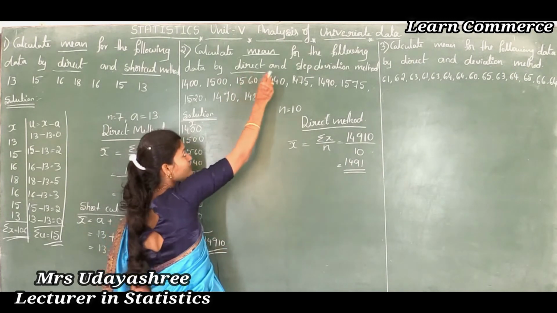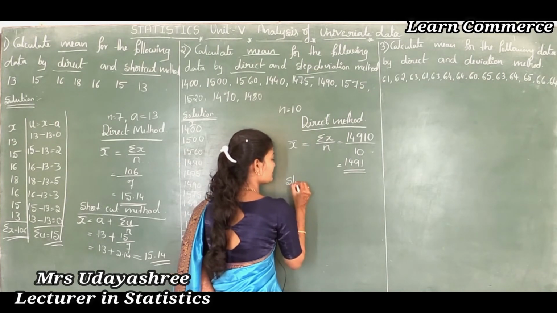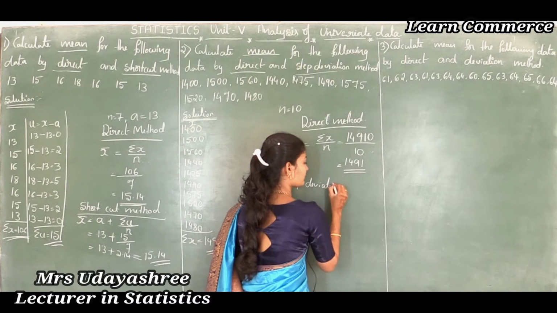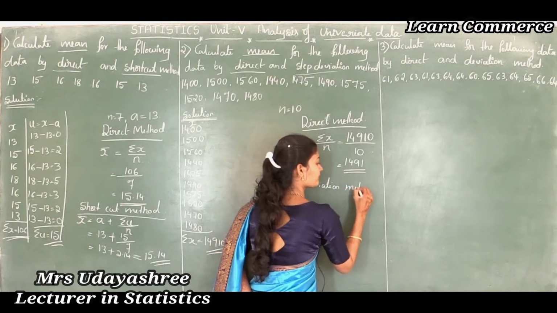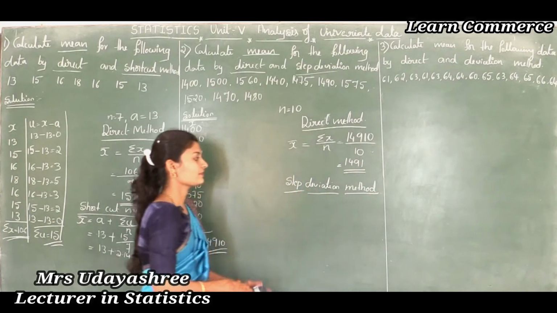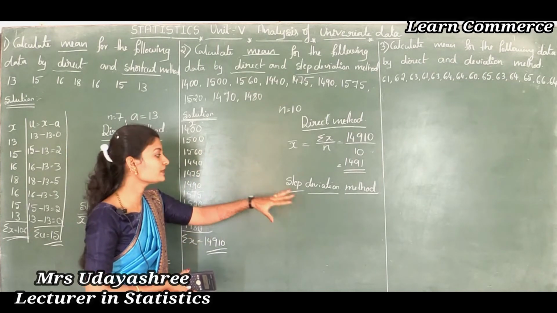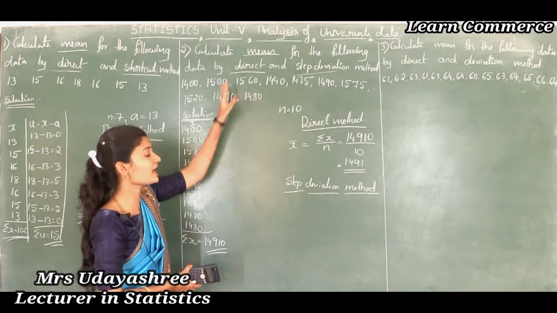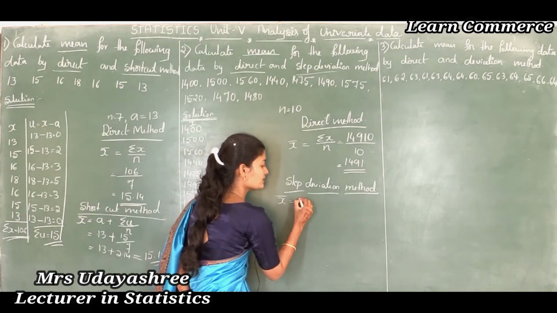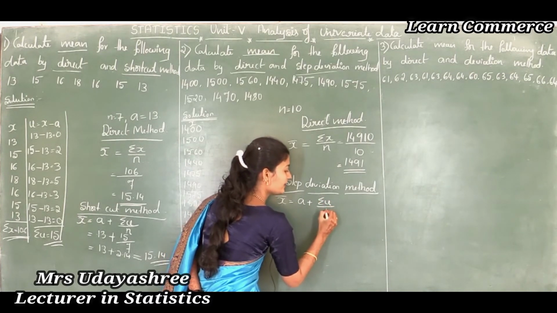Next let's see how to solve the mean in the step deviation method. The given observations are ungrouped data. In the ungrouped data step deviation method, to calculate the mean, the formula is x bar is equal to a plus summation u divided by n.